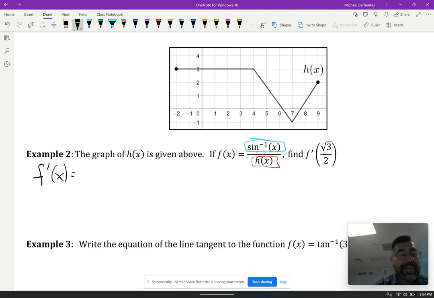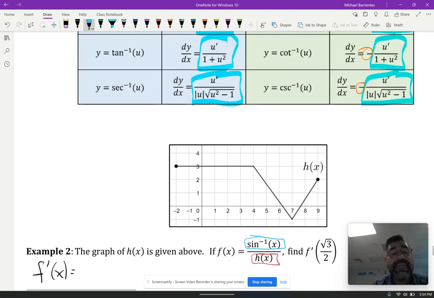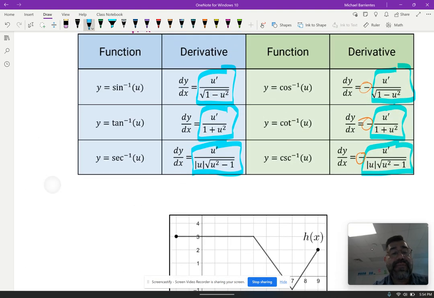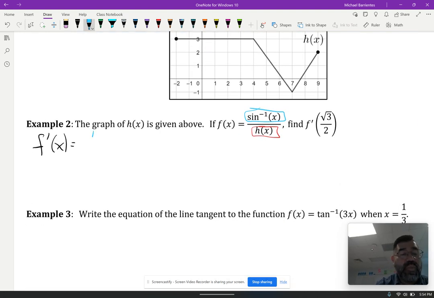F prime of x is the derivative of the top. Well, the derivative of sine inverse of x is 1 over the square root of 1 minus x squared. Okay, so that's 1 over square root of 1 minus x squared. That's the derivative of the top, times the bottom, minus the derivative of the bottom, which would be h prime.